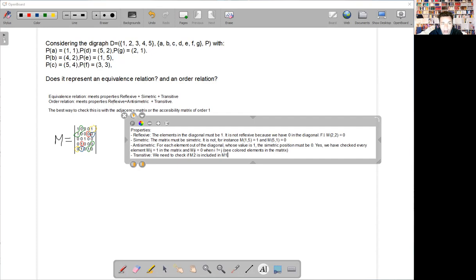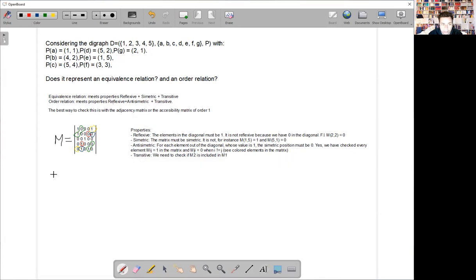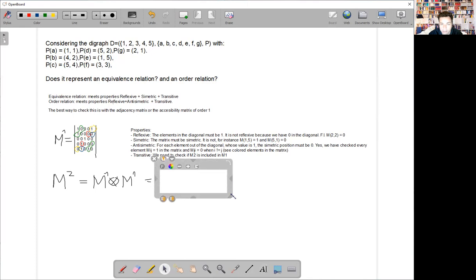So in this case, we need to calculate the accessibility matrix of order 2, right? We need to calculate this matrix, and as we have seen before, we only need to do the logic multiplication, right, of M1 by itself. Okay, so as we have done this already, I will do it quickly.